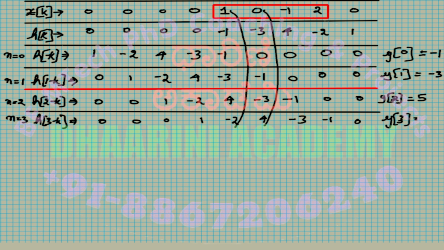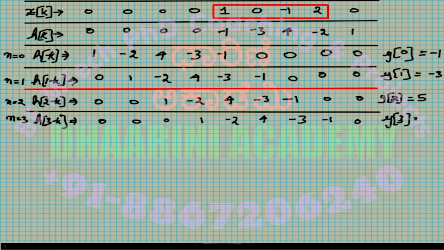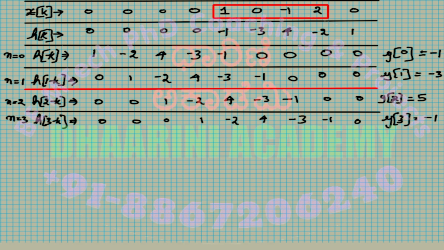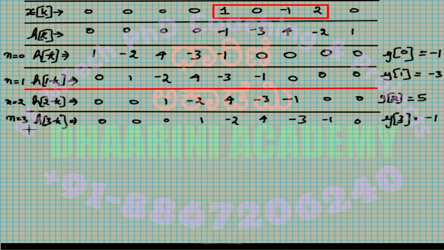The final answer is equal to minus 1. Okay, so let us write that. So y of 3 becomes equal to minus 1. Okay, all right. Next, you can repeat the same process.